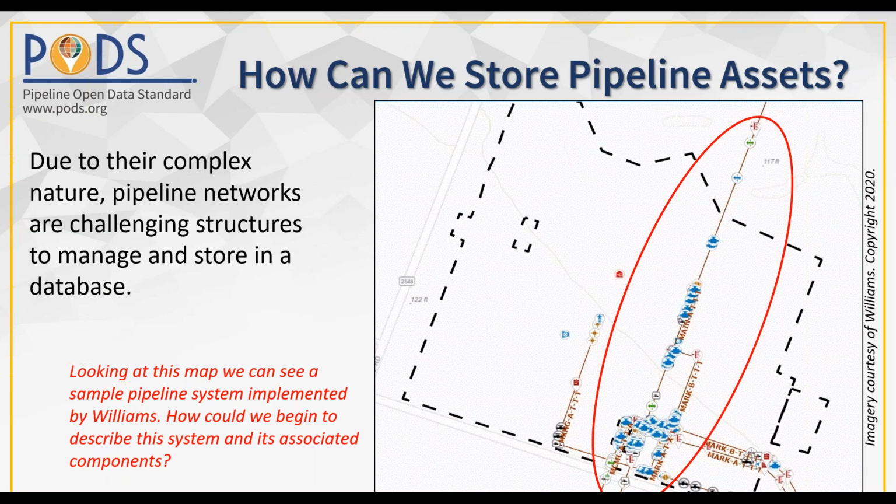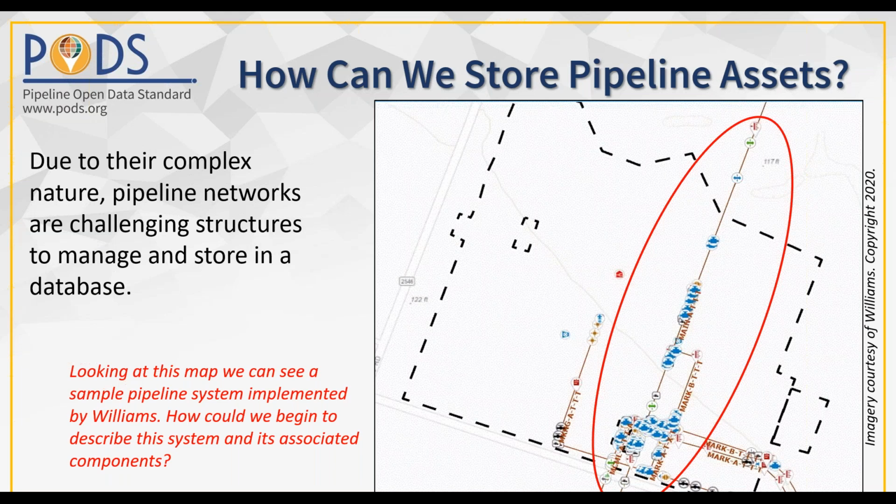we know as pipeline professionals that the effective management of pipeline systems is dependent upon really sophisticated data management systems and geospatial models, like the ones that we've seen on the previous slide. The PODS data model is designed to store, as you remember, and also relate pipelines and all of their associated components.